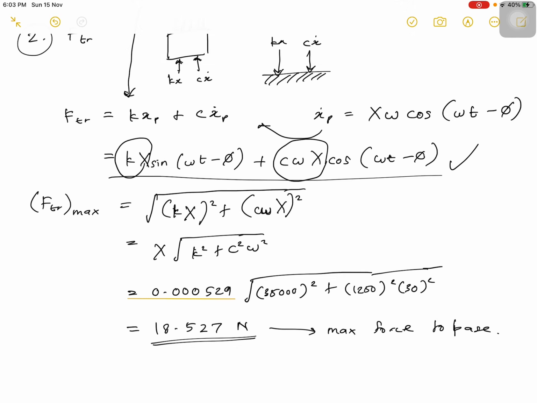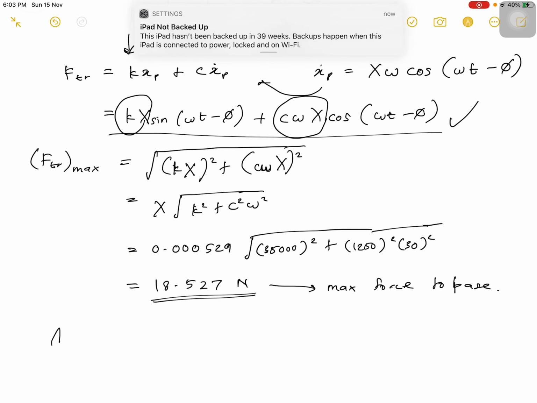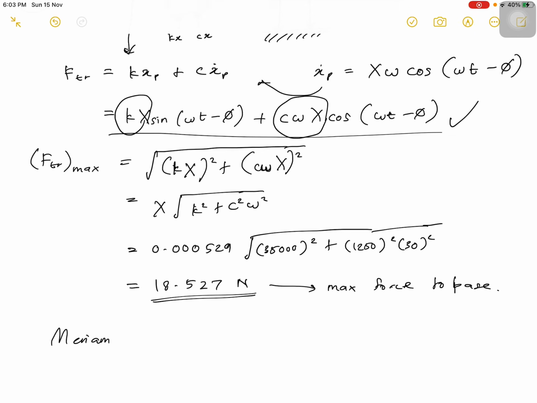Actually, you can try other examples in the dynamics book. The dynamics book is by Meriam. The author is Meriam, and the title is Dynamics. If I'm not mistaken, it is in topic 8, or you just search for vibration.